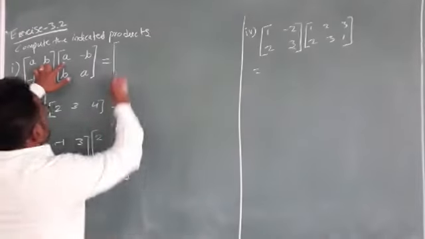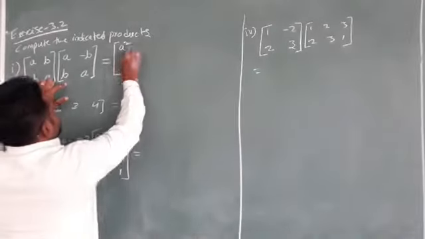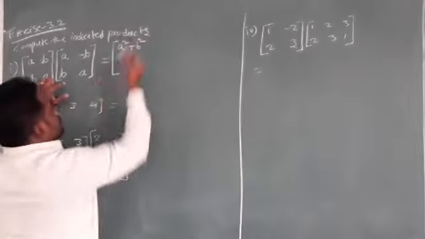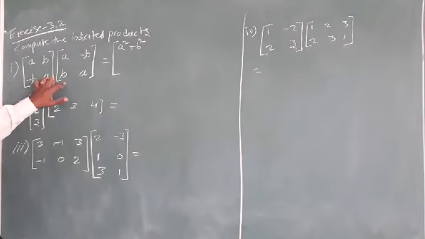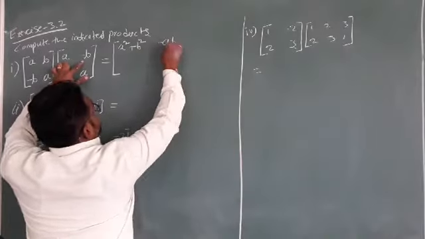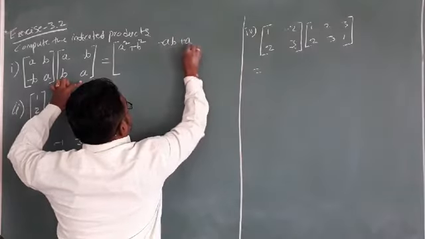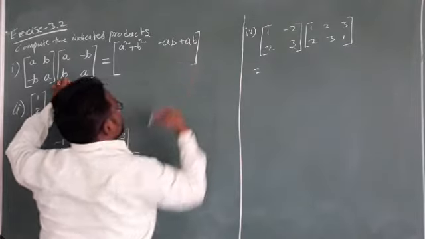A into A square, B into B plus B square. The first one is finished. A into minus B minus AB, B into A or AB or B plus AB.